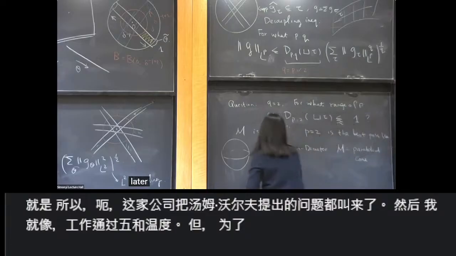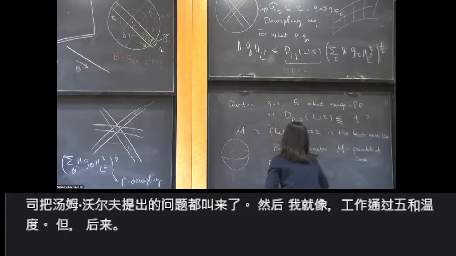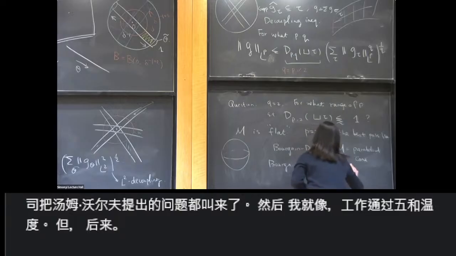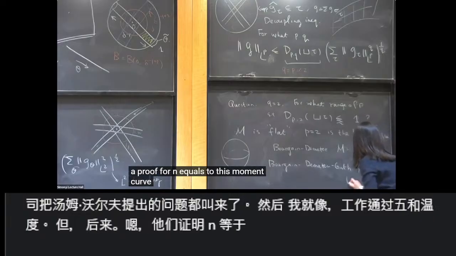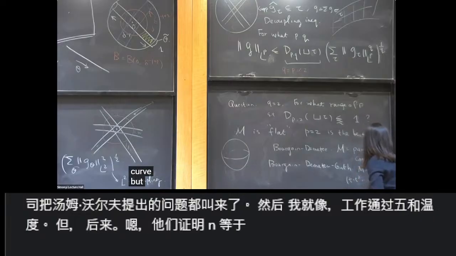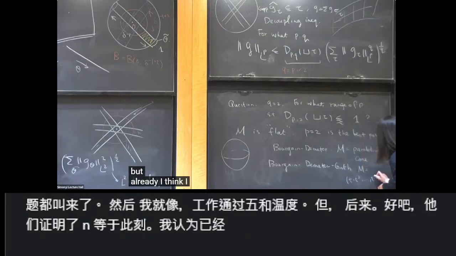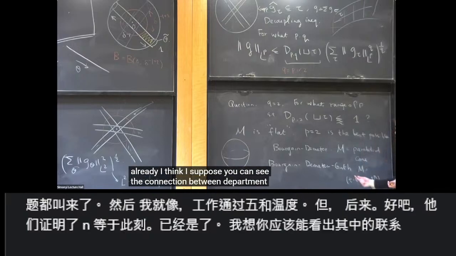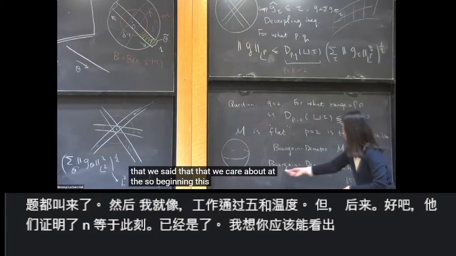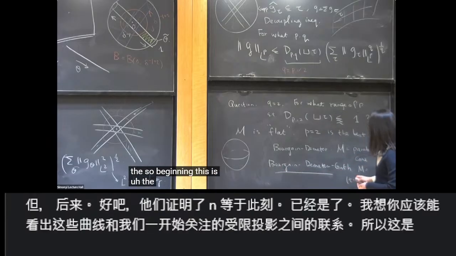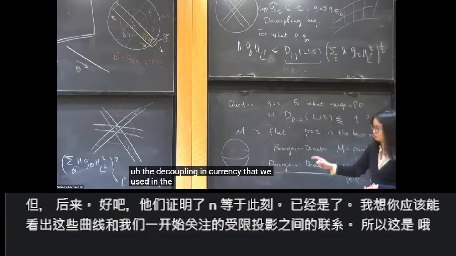And later there is work of Bourgain, Demeter and Guth, where they proved it for M equals this moment curve. Already, I suppose you can see the connection between decoupling for this curve and the restricted projection that we care about at the beginning. So this is the decoupling inequality that we used in the proof.